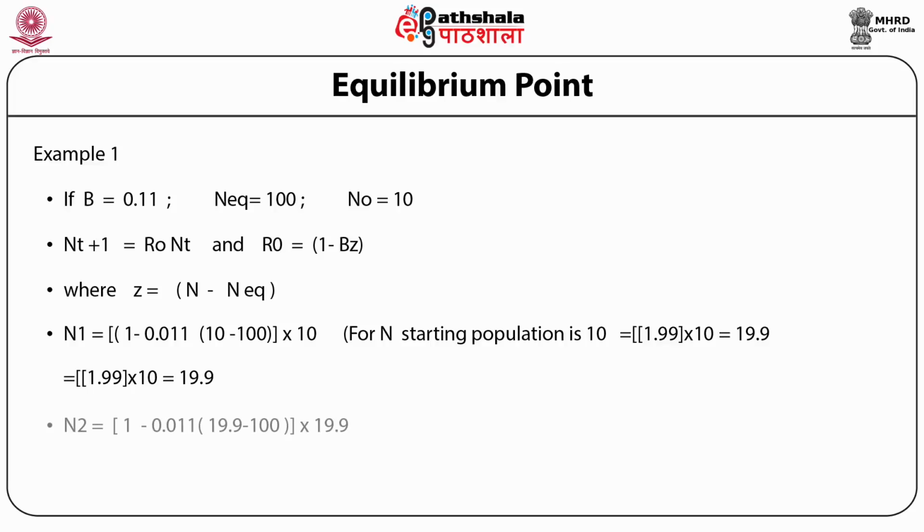Similarly, N2 will be equal to (1 minus 0.011 into 19.9 minus 100) into 19.9, which will be equal to 1.881 into 19.9, equal to 37.4, that is the density at second generation.